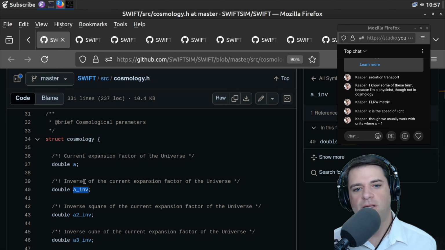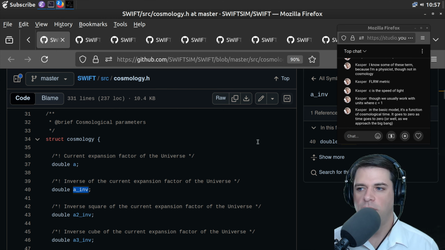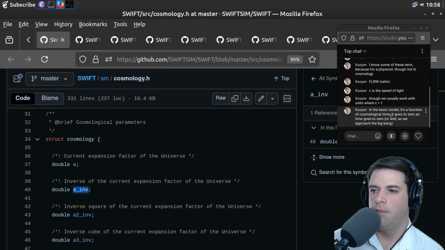it says that the compositional inverse, A inverse composed with A, is 1, or if it means A times A inverse is 1. So in the basic model, says Casper, it's a function of cosmological time. It goes to 0 as time goes to 0, as we approach the Big Bang. Okay.